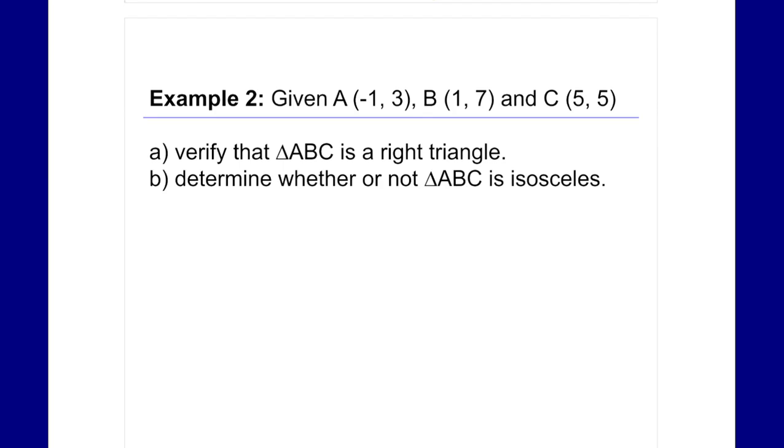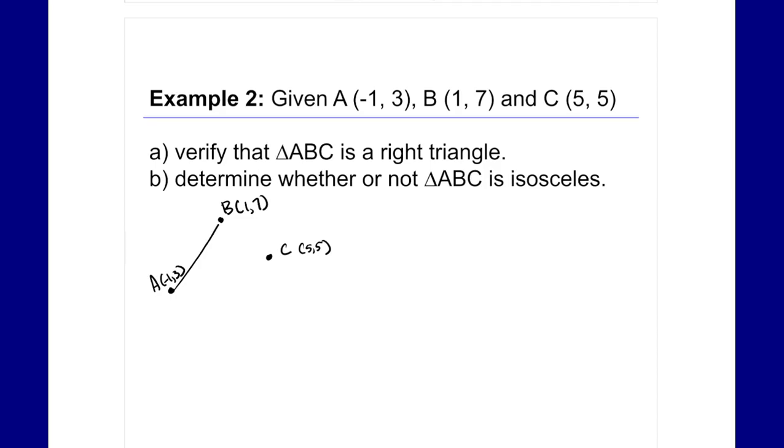So negative 1 and 3, we'll say is here. B is 1 and 7, so up here. Maybe a little closer here. And C is 5, 5, so somewhere about here.